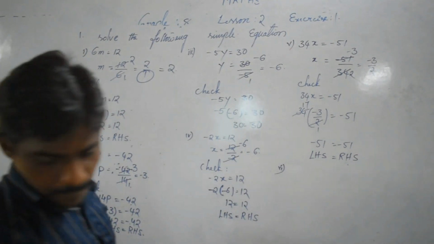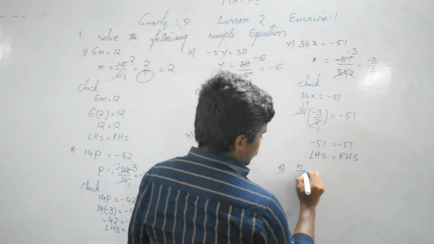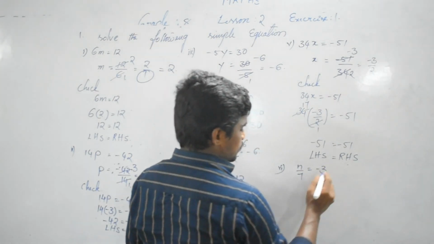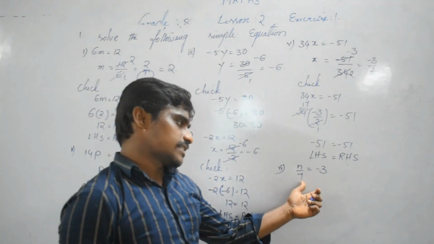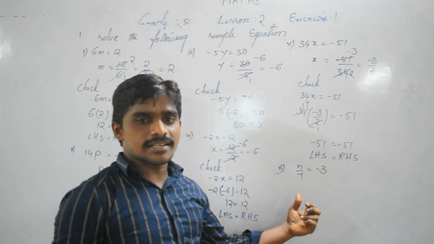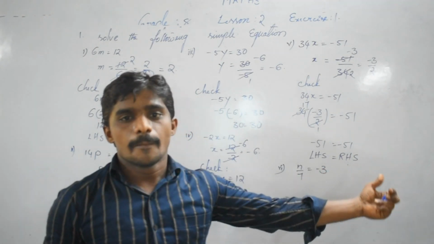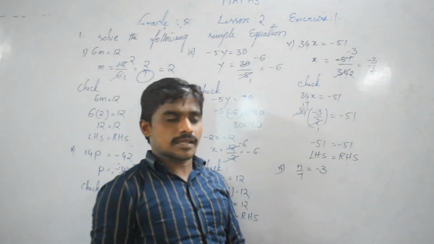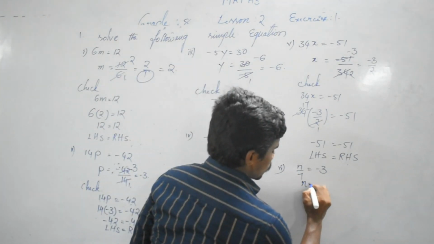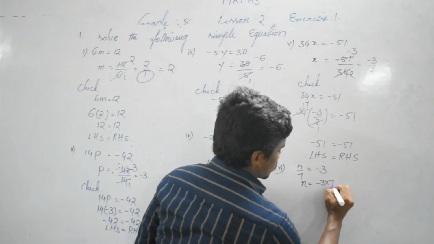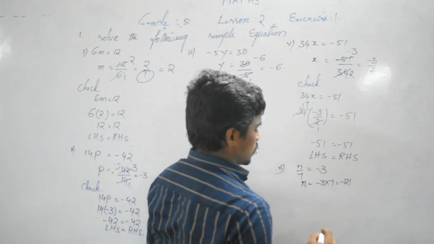n by 7 is equal to minus 3. So 7 moving to RHS, here division symbol. Moving to RHS, cross out. n equal to minus 3 into 7, minus 21.